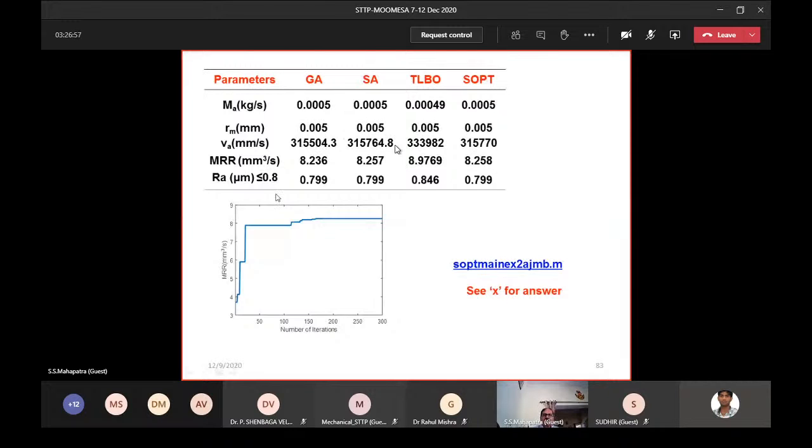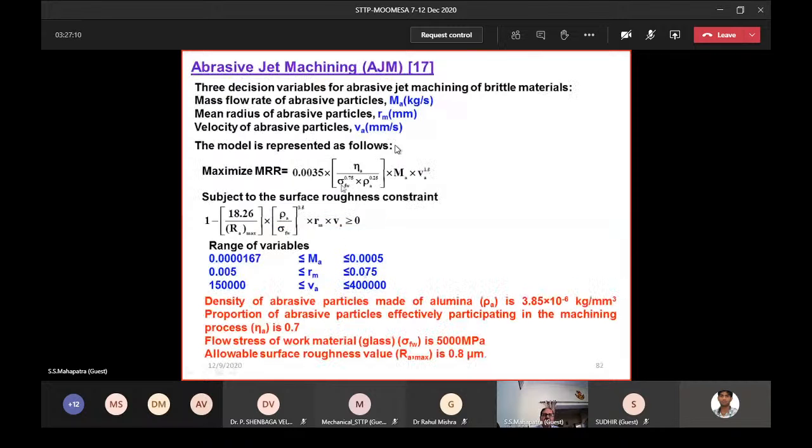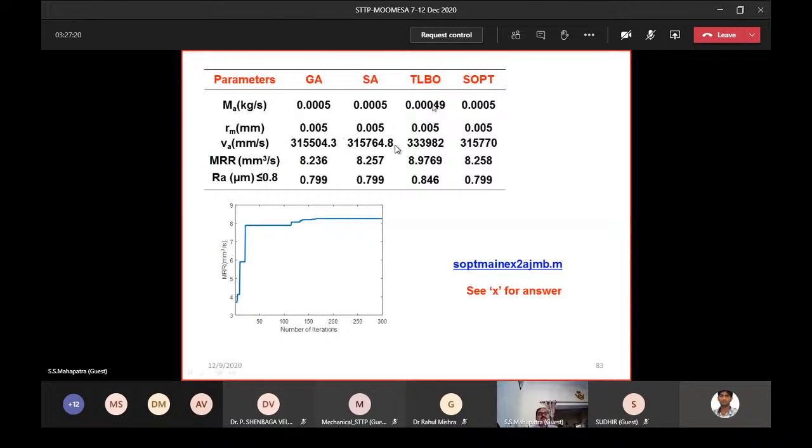Surface roughness, you see TLBO gives 0.846 but SOPT gives 0.799. But the surface roughness that is tolerated is 0.8 micron. Allowable surface roughness value is 0.8. So see that TLBO violates the surface roughness constraint.